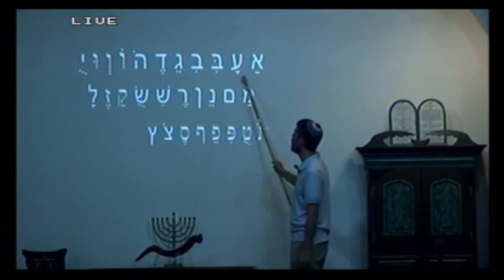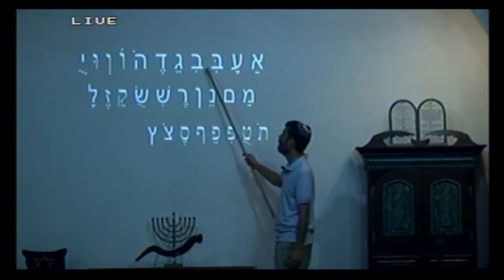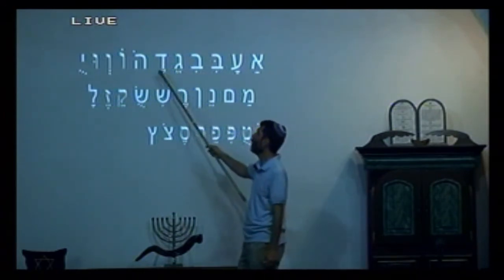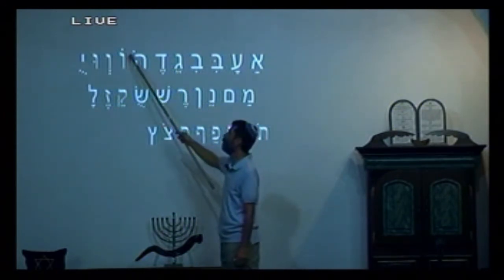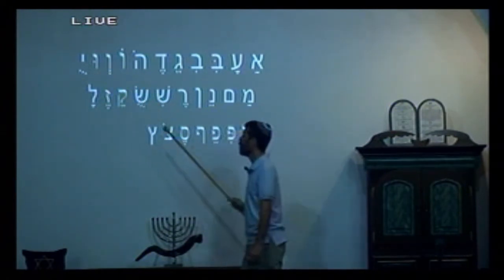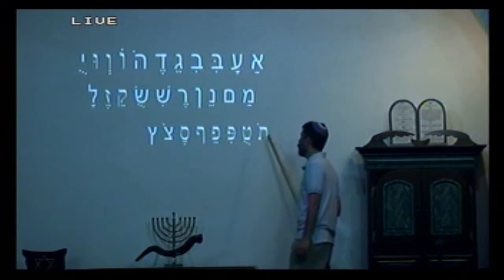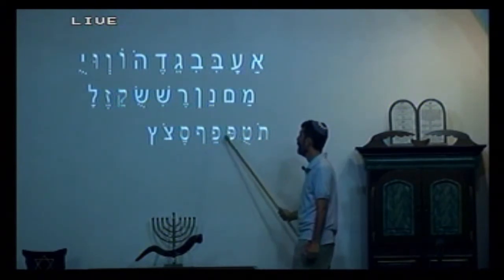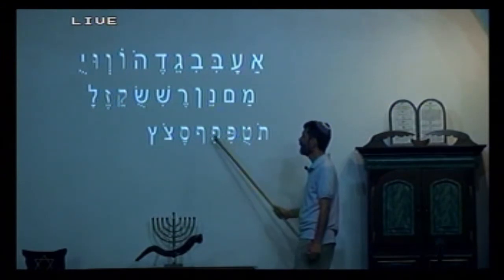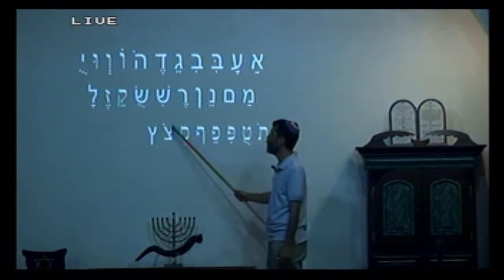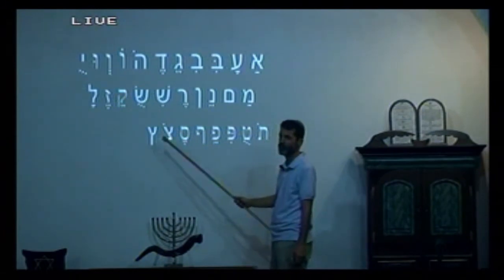A, B, V, Ge, De, Ho, O, V, U, Yo, To, Tu, Pi, Fe, F, Se, Tso, Ts.